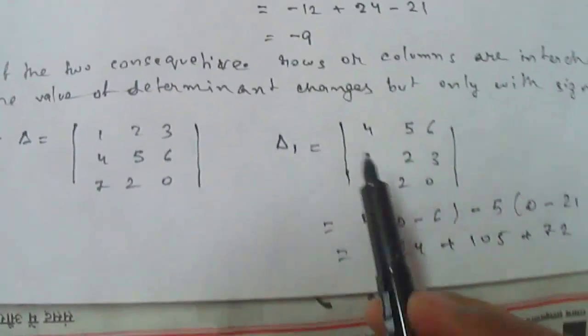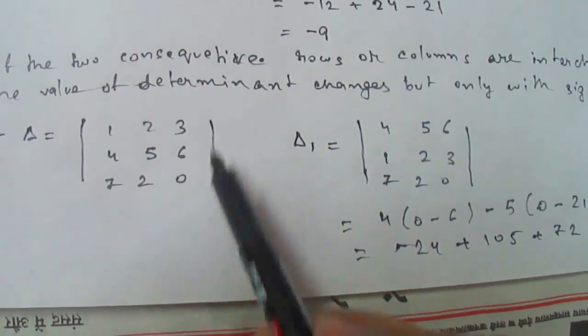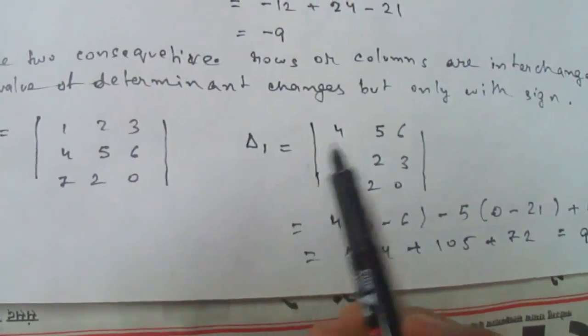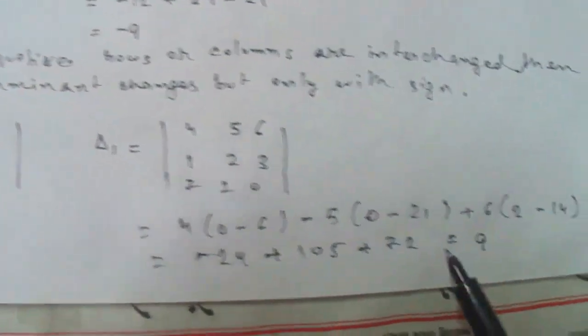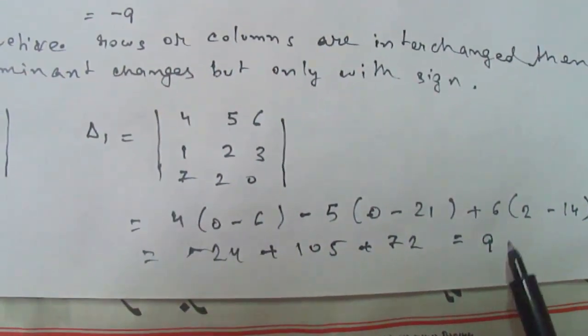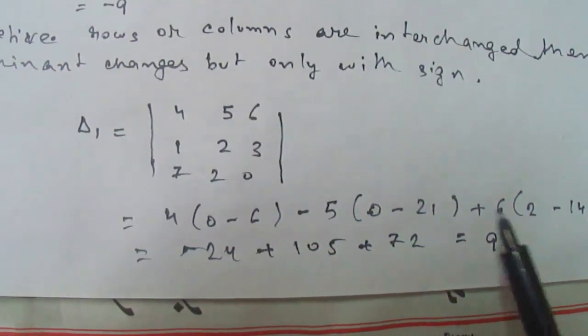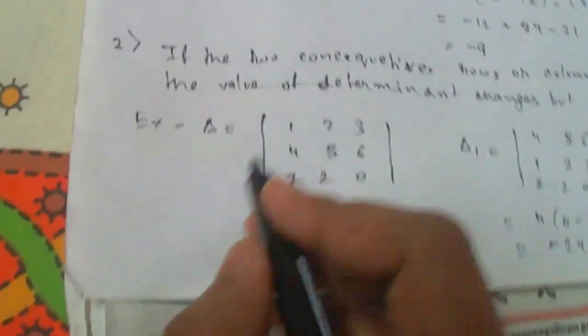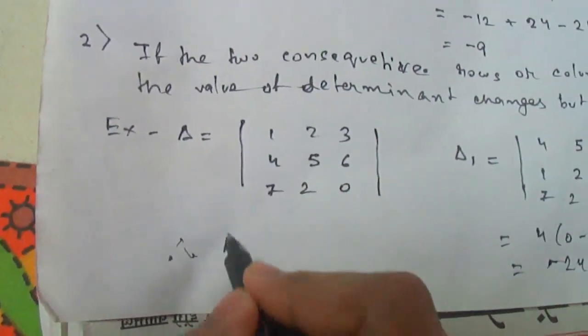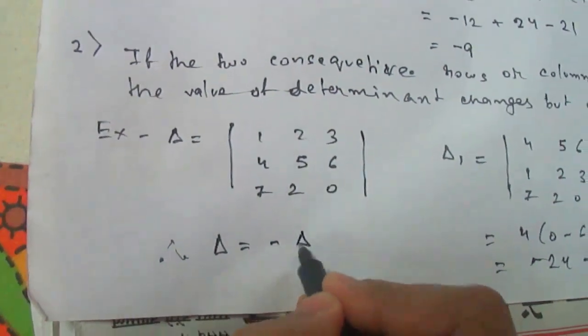So the original value of the determinant was minus 9. Since we interchanged the rows, the value of the determinant changes only in sign. Therefore we can say del is equal to minus del 1.